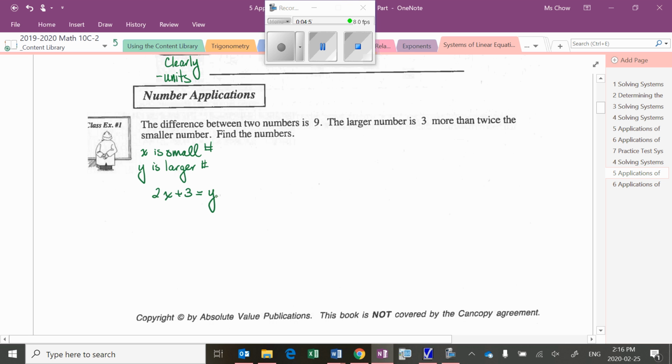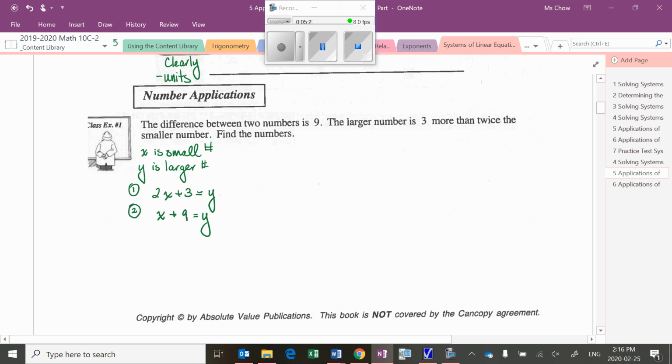The other equation is the difference between the two numbers is 9, meaning that the smaller number plus 9 gives us the larger number. The larger number minus the smaller number is equal to 9, so either will work. If I say the small number plus 9 is equal to y, we've got equation 1 and equation 2.